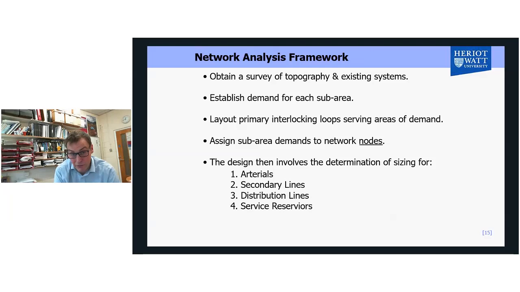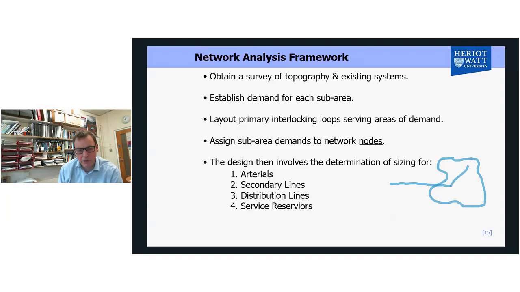Interlocking loops are important because of how a looped water supply behaves. Say this is our development, and you've got a water supply coming in.